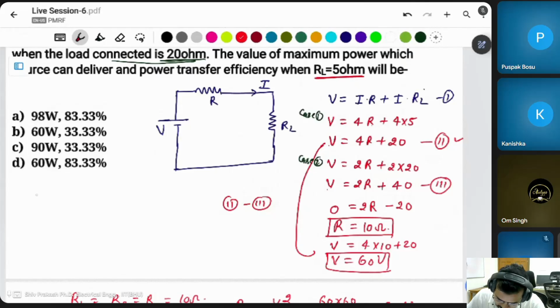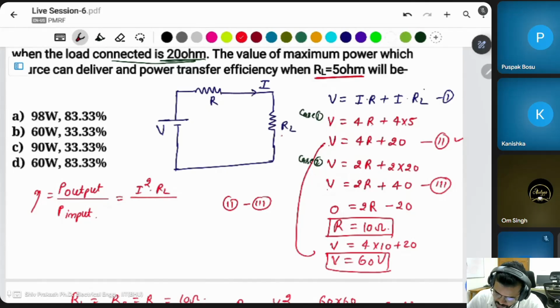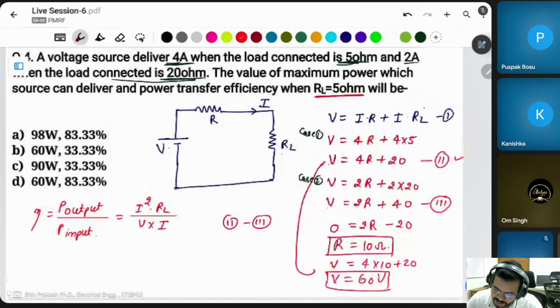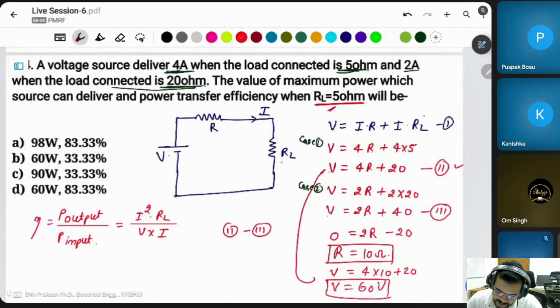Efficiency, you know, is equal to power output divided by power input. Output power is I square into RL. Input power is the voltage source into current I. If there is a 5 ohm resistor as RL, what is the current?